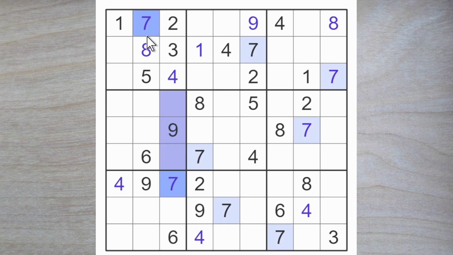Blocking up and 7 blocking down, two 7s blocking across. A 7 goes here. So a 2 and a 9 in two of these squares here. And that doesn't really give me anything, does it? But the 5 blocks down, so one of these is a 5.